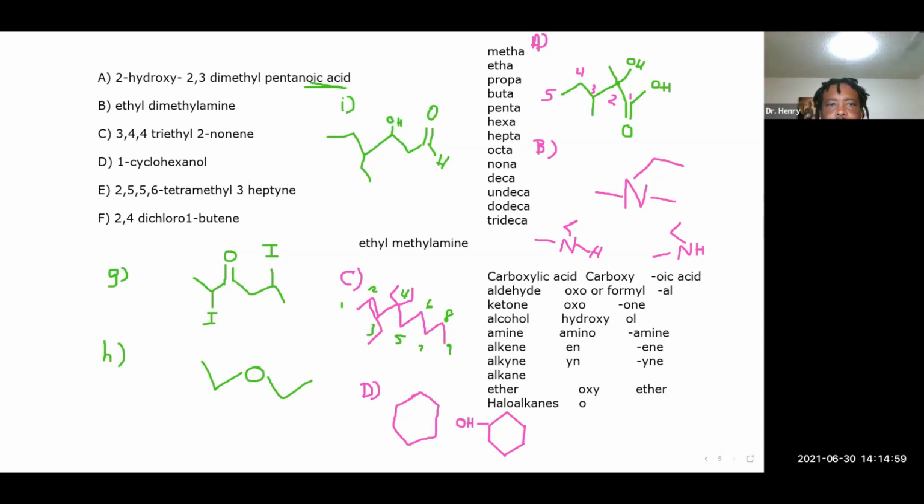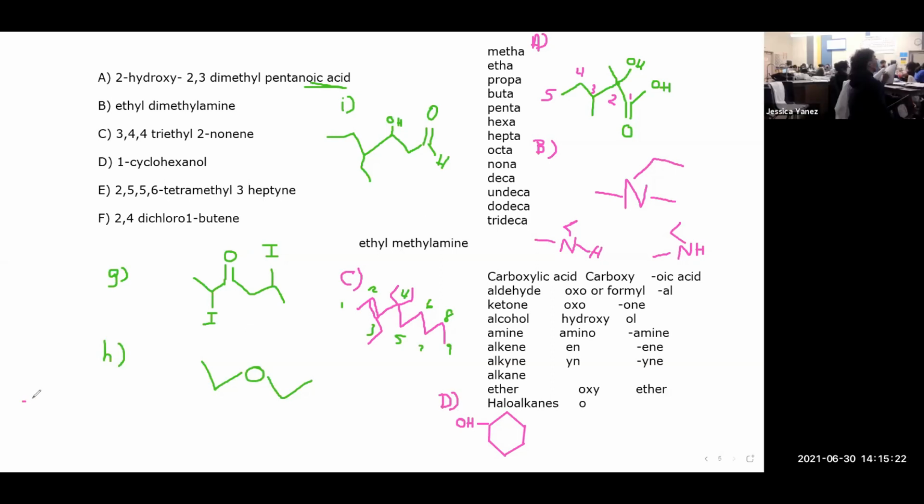Okay. That is correct. Okay, what about E? It has 7 carbons.